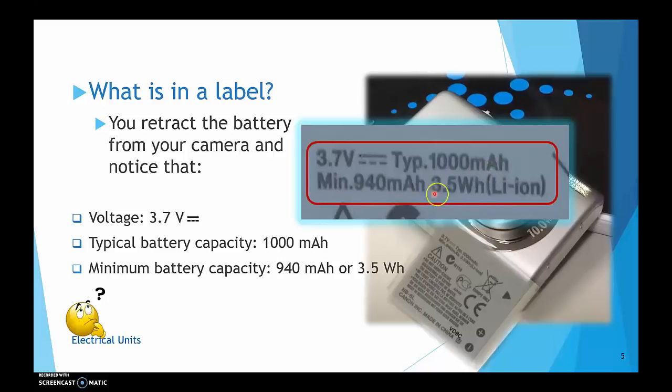This data tells us the capacities of the battery. Li-ion means that this is a lithium-ion battery.